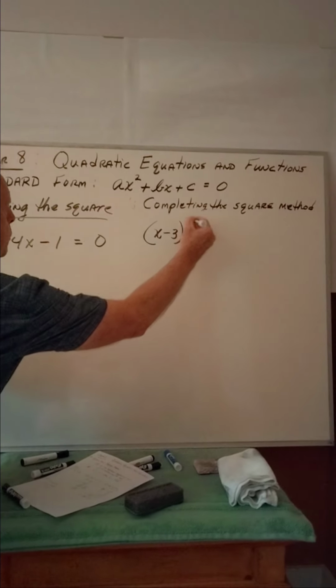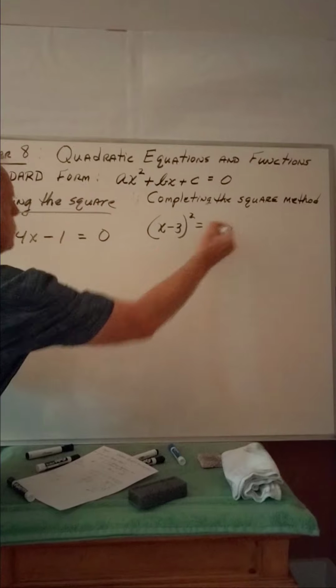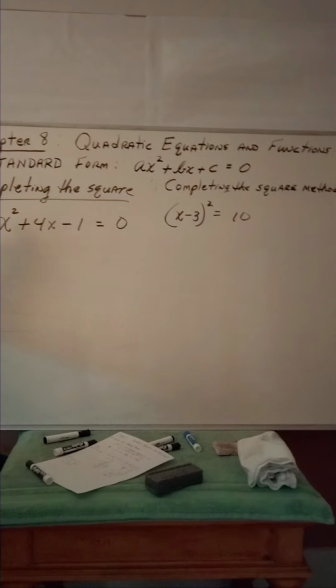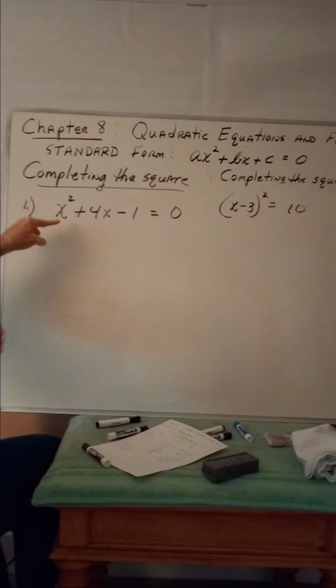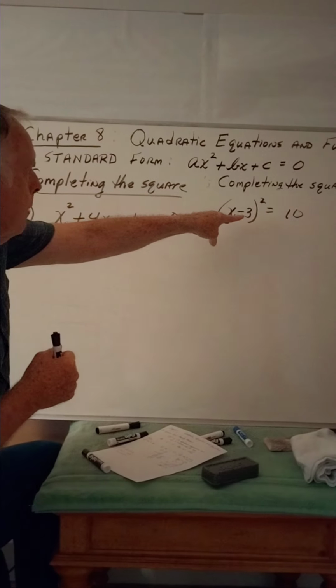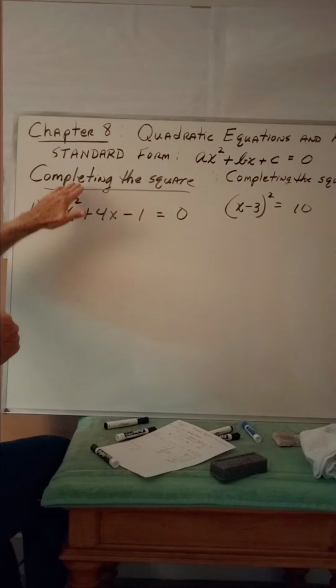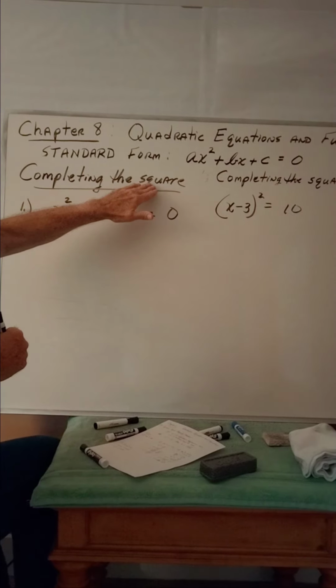X minus 3 squared is equal to 10. We're going to turn this equation into this form. It's called completing the square.